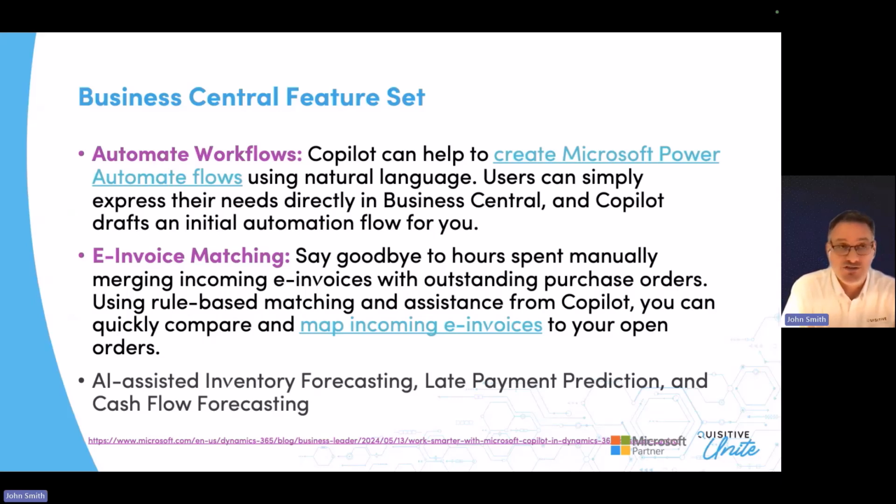So you could say, okay, I'm getting vendor invoices electronically, and Copilot is going to match those to purchase orders. Very interesting capability. And again, in development, we're going to see more come through things like inventory forecasting, late payment predictions, and cash flow forecasting.